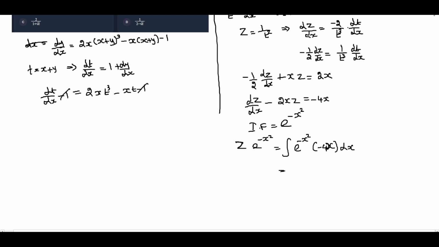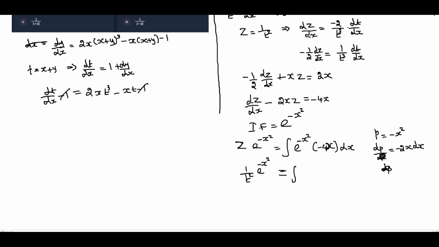So again take a substitution. On the left side, replace z as 1 by t square, so 1 by t square e power minus x square is equal to, on the right side you have to take an assumption, take p equal to minus x square. So dp by dx is equal to minus 2x, so dp equal to minus 2x dx.